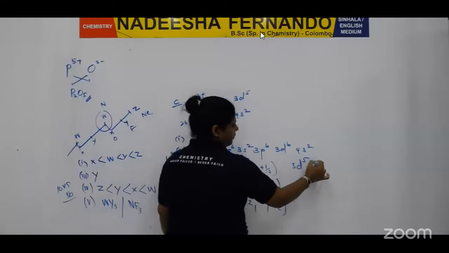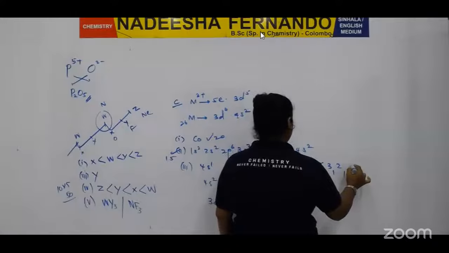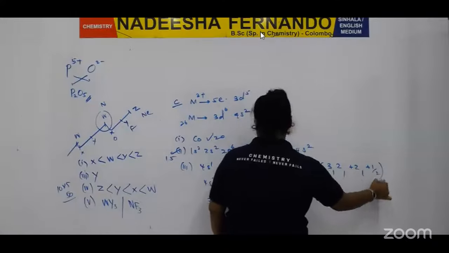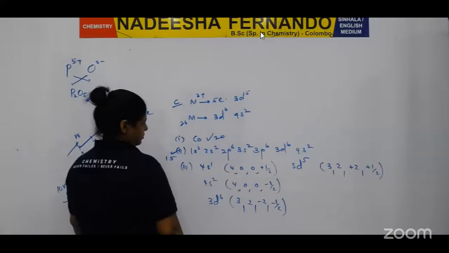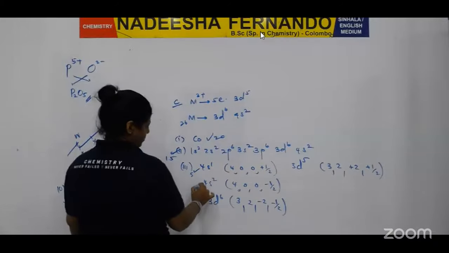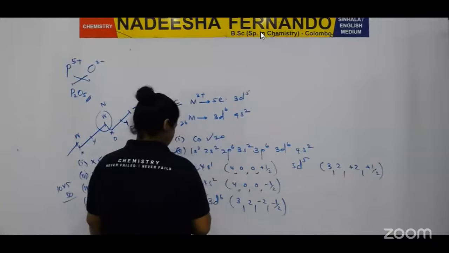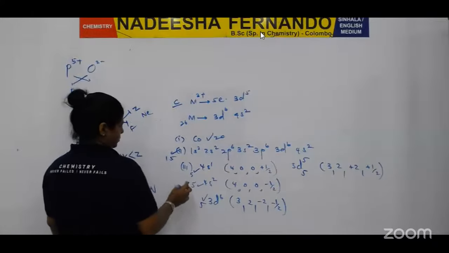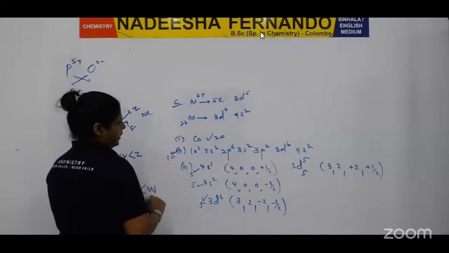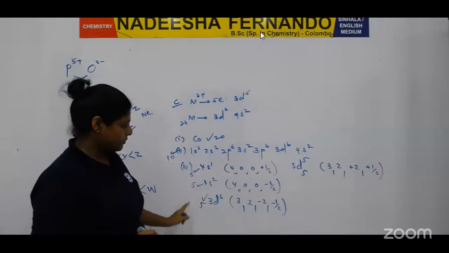For 3d5 we can write 3, 2, plus 2. Right, 20, 10 each, set of quantum numbers 5.